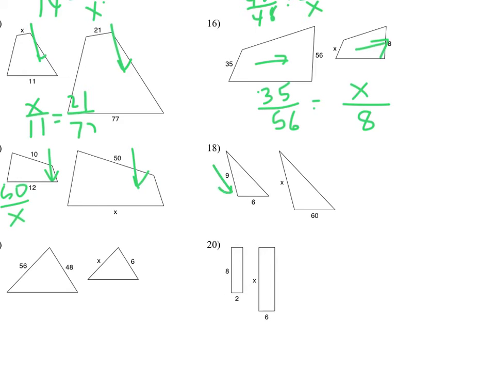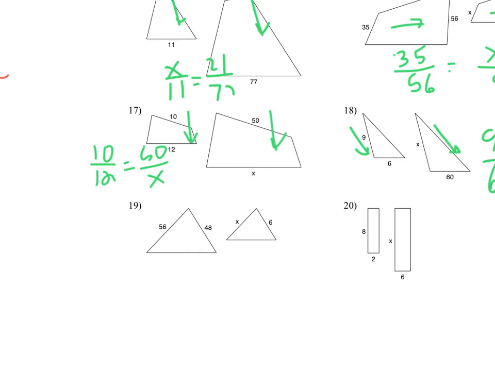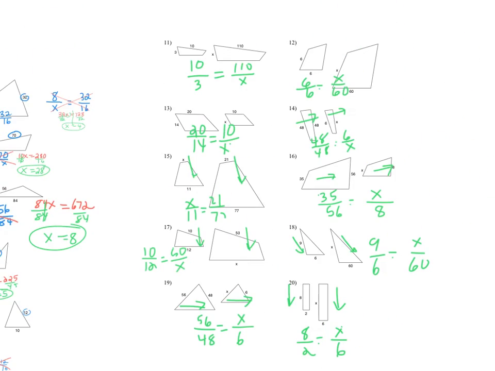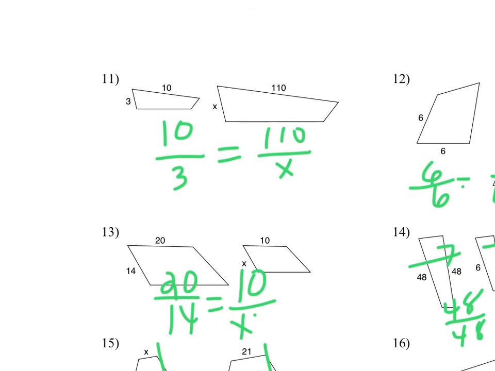I'm going to go this way. 9 over 6, x over 60. I'm going to go this way. 56 over 48, x over 6. And this one I'm going to go top to bottom. 8 over 2, x over 6. And once you get those all figured out, you could just solve them.